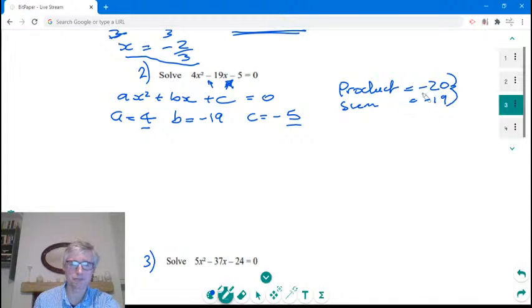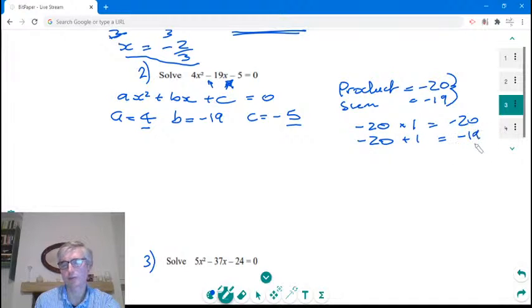It can take a little bit of thinking to find these numbers. We might want to start by looking at the factors of 20. But I can see that minus 20 times 1 would give me minus 20, and if I added minus 20 and 1 together, I would get minus 19. So those are the two numbers we're interested in, minus 20 and 1.